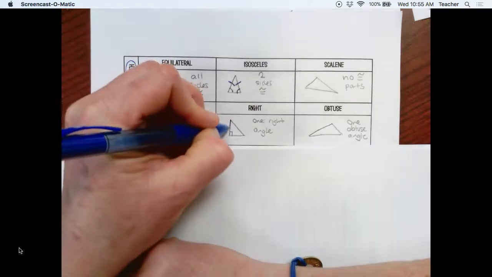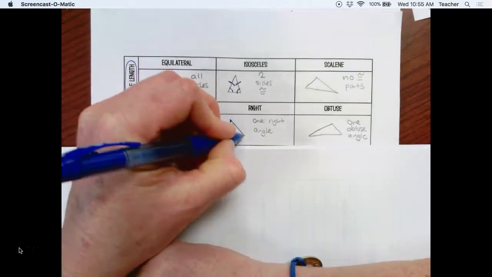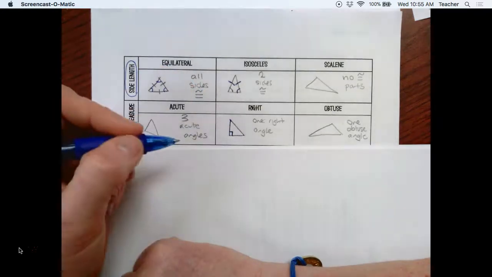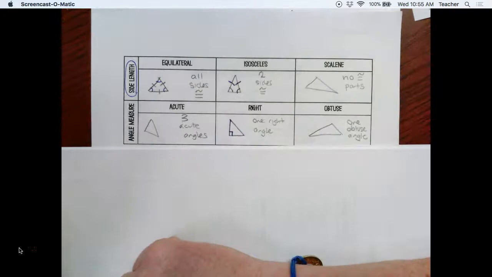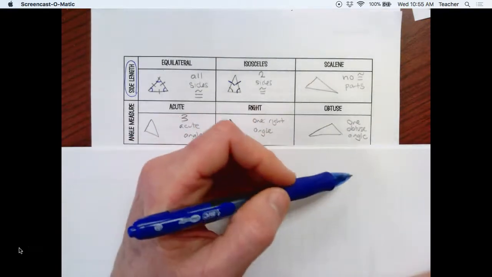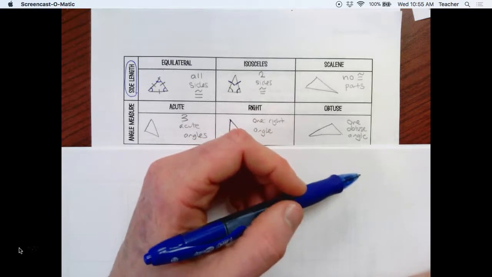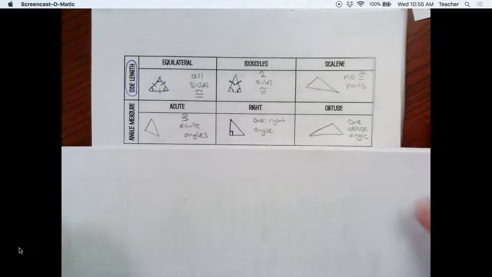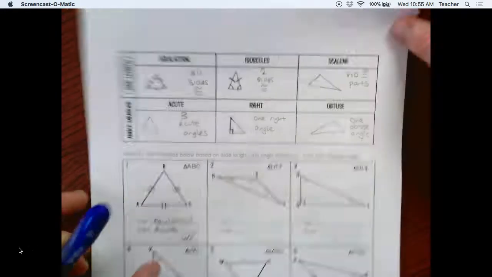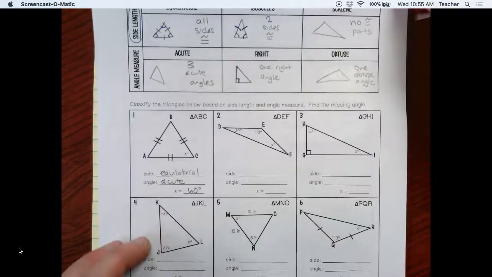If we have a triangle with one right angle, as indicated by a little square in the corner, we call that a right triangle. And if we have one angle that's obtuse, meaning over 90 degrees, then we're going to call that triangle an obtuse triangle.